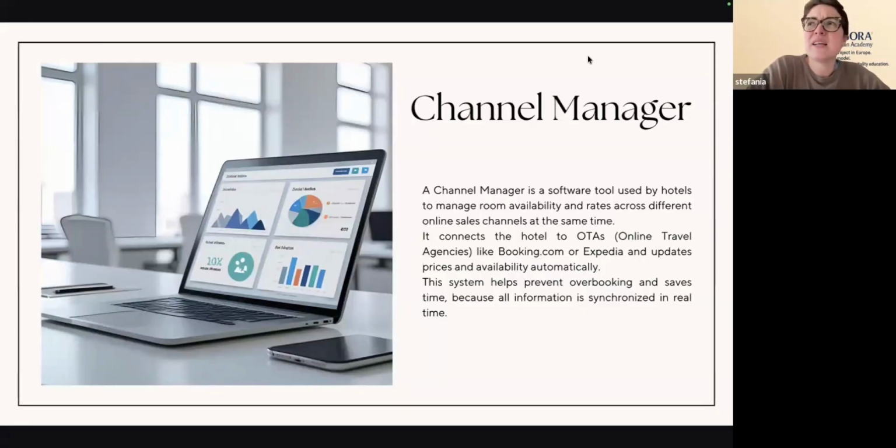No, I don't think there is a channel manager managing reviews. Some channel managers can manage photos, for example, or main information of the hotel. So you don't have to go in that website's back office to put all the information.